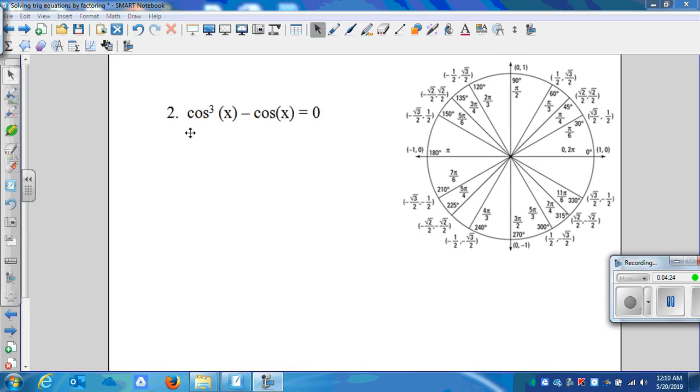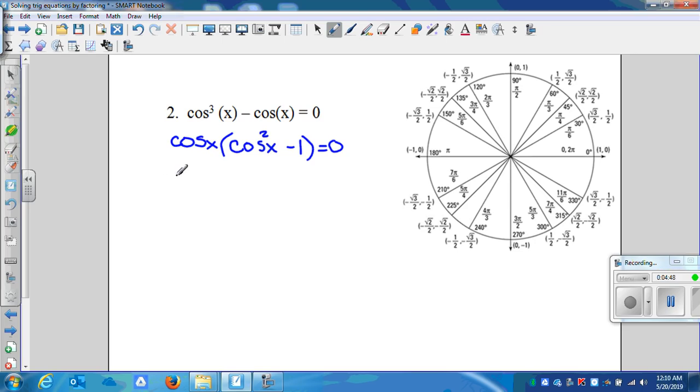Example 2 has a greatest common factor, so we're going to be taking that out. In both terms, you see a cosine x, so we're going to go ahead and factor out a cosine x from both terms. So we have cosine x, and what's left in parentheses is cosine squared of x minus 1 equals 0.